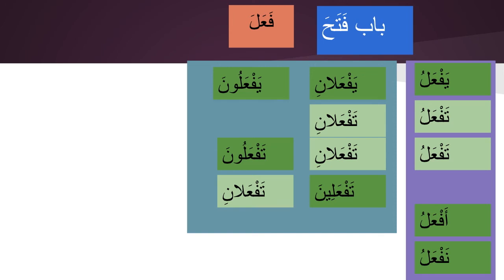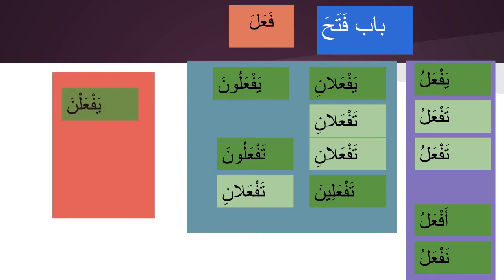So this is called afwal khamsa, the 5 verbs where the noon stays in a marfu form and it goes away in other forms. And then we got mabni group, which is yaf'alna, hunna, and antunna taf'alna. So these are the 3 categories which are easy to remember.